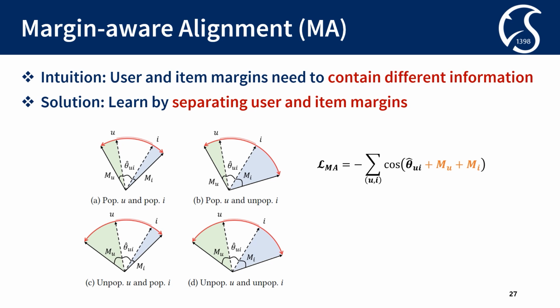Of these, we give a high weight to case D, which has fewer learning opportunities, and a relatively low weight to case A, which has more learning opportunities. Also, we train the margins as parameters. I believe that is more suitable for the recommender system domain.